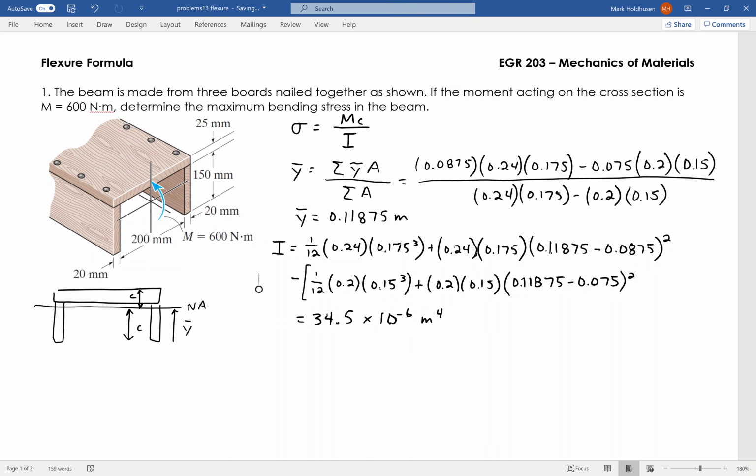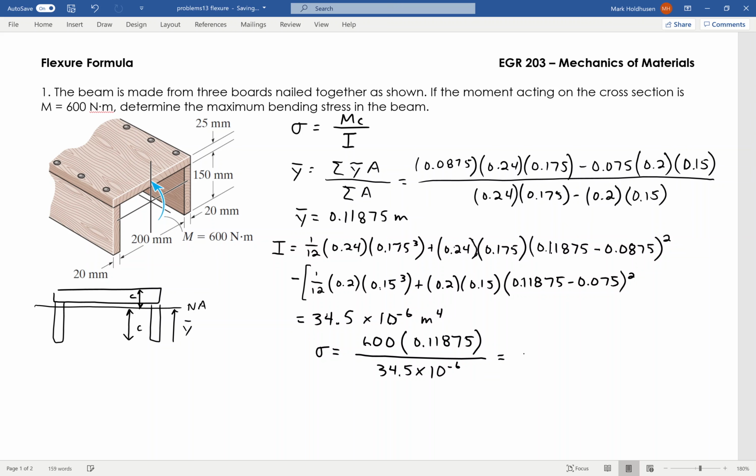Hopefully you remember how to find the centroid of an area as well as the area moment of inertia. If not, you'll want to revisit that in your statics course. But now that I have this stuff, I can go ahead and calculate the maximum bending stress, which is going to be that moment, 600 Newton meters, times C, which is the furthest distance I can get from the neutral axis vertically, which again is 0.11875, divided by the area moment of inertia, which is 34.5 times 10 to the minus 6.